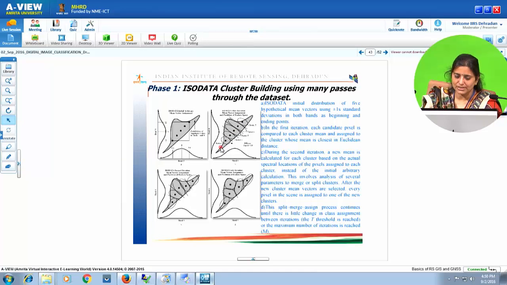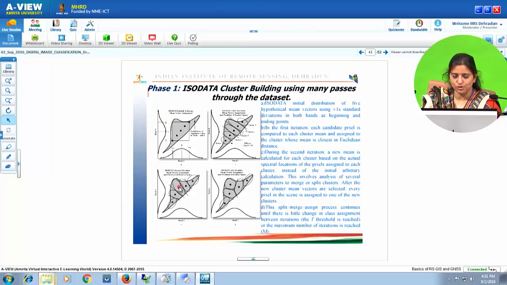Now all the pixels, both inside and outside the cluster, would be checked with the mean of the cluster based on the minimum distance to means classification algorithm. Then the redistribution of pixels would take place. Based on this redistribution of pixels, the means would be shifted. Now again it will be checked.